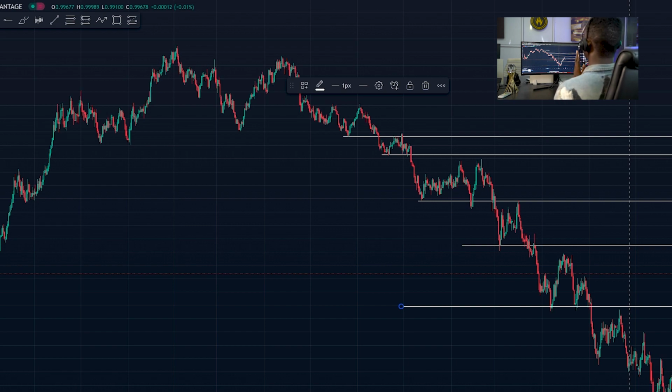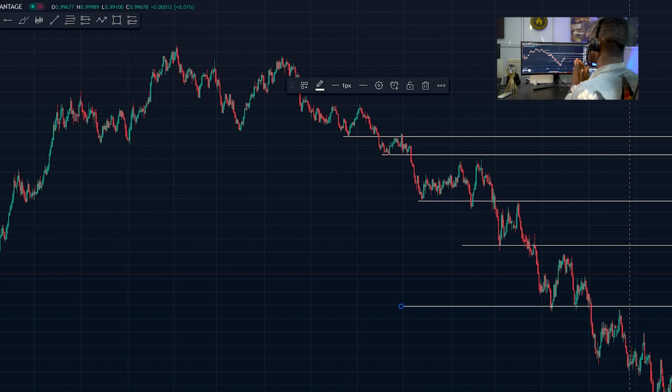Now this is how you use this strategy. When you launch your chart, the first thing you look out for is the market structure. Is this market going up or down? Remember, like I said initially, this strategy works best on a trending market. I believe trending markets are one of the best market conditions that favor traders the most.